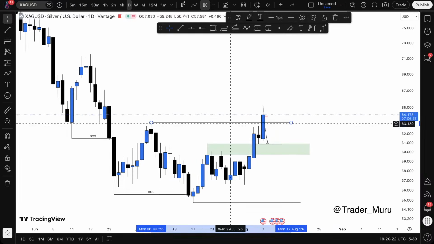It will give you entry next week because right now we are above structural level.